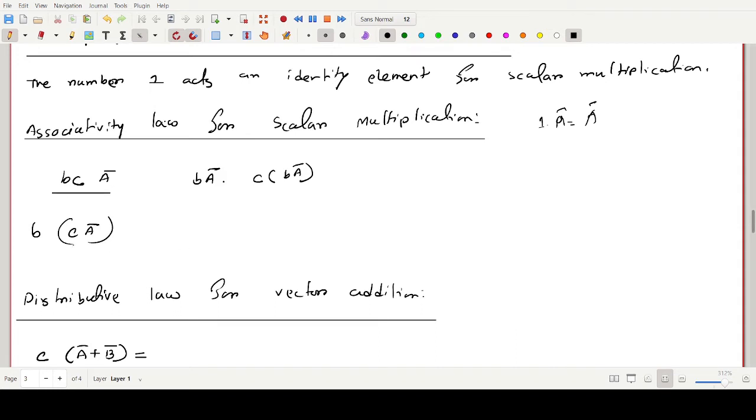If we calculate c times a first and then multiply it by b, we get the result. And if we calculate b times a first and then multiply this by c, we get the result. So both give us the same thing.